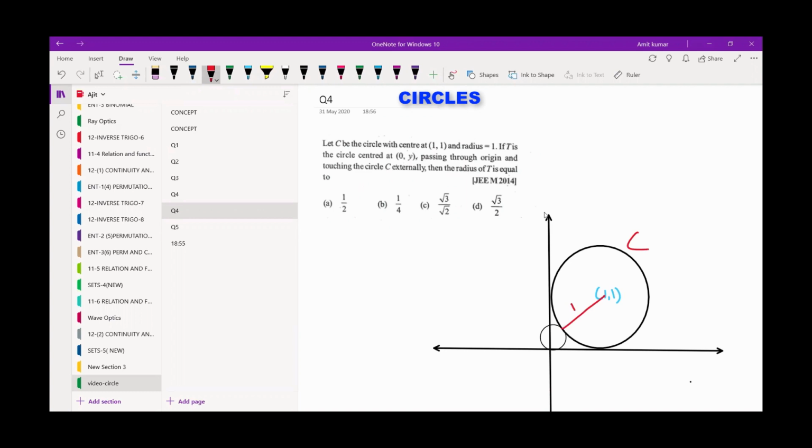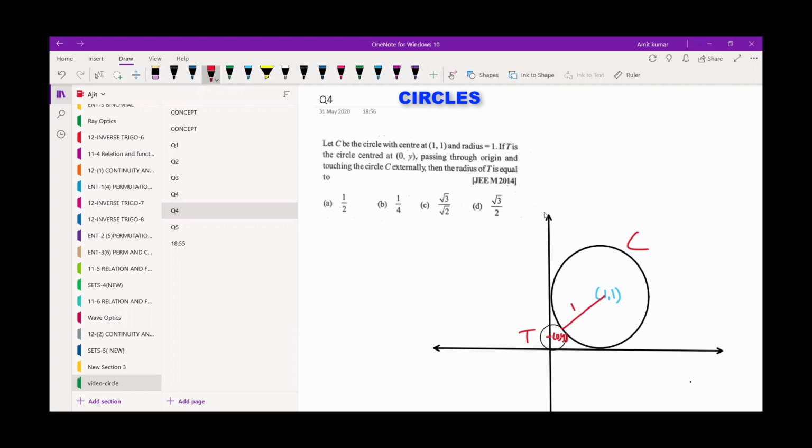And if T is a circle centered at (0, y) and passing through the origin, the center of the circle T is on the y-axis and that circle is passing through the origin. So this smaller circle is T here. In that case, its radius comes out to be y.